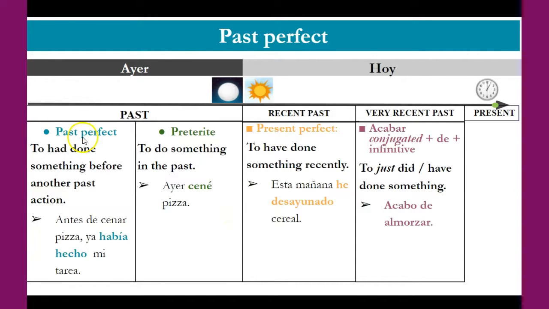The past perfect we use to talk about something someone had done or something that had happened before another past action. For example, antes de cenar pizza, before having pizza for dinner, I had already done my homework. So you are just telling something that you had done before a past action, right?